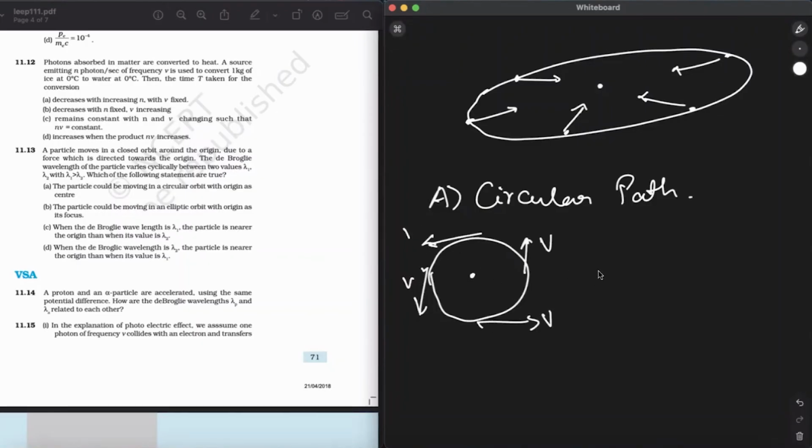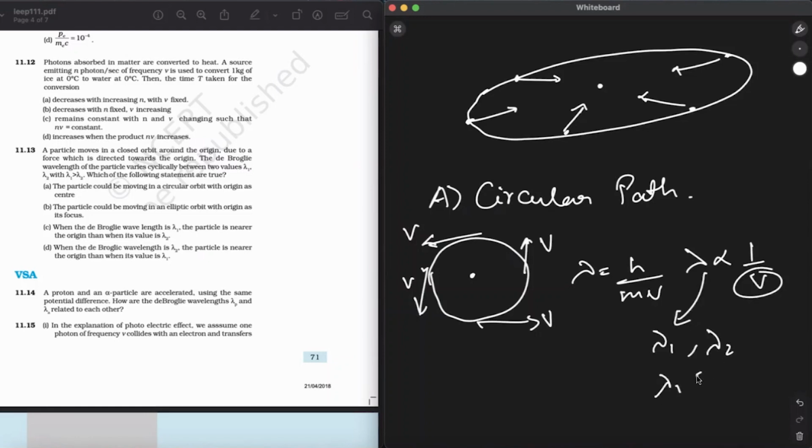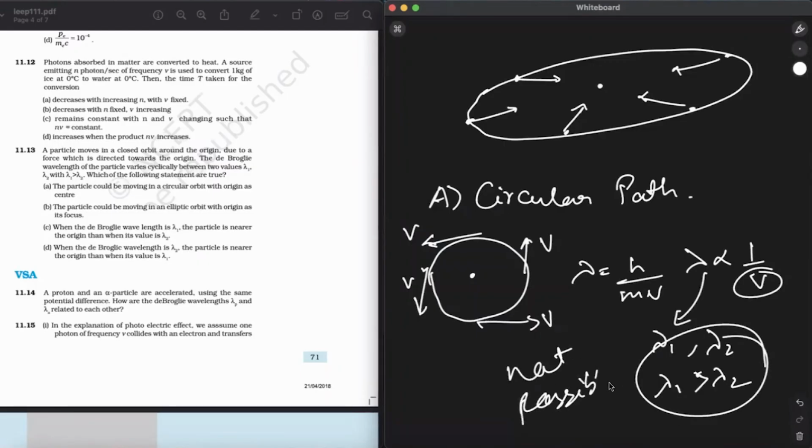If velocity is the same, lambda is equal to h upon mv. Lambda is inversely proportional to 1 upon v. So if v is constant, then how will you get two different values, lambda 1 and lambda 2, such that lambda 1 is greater than lambda 2 as given in the question? This is not possible for a circle. Got this point.